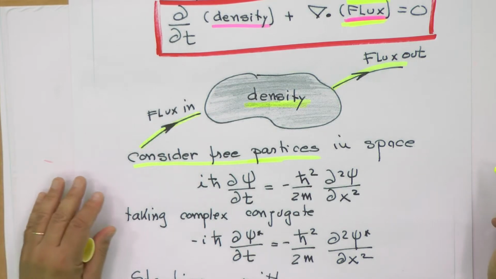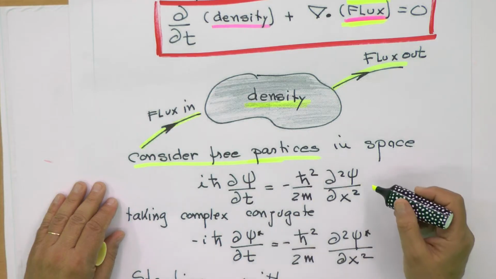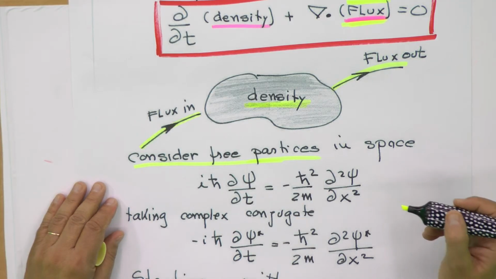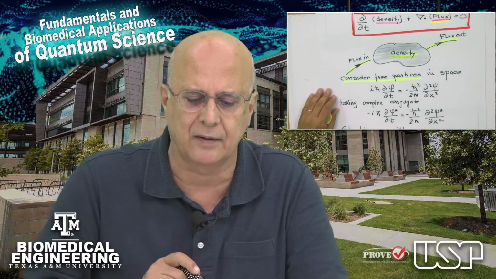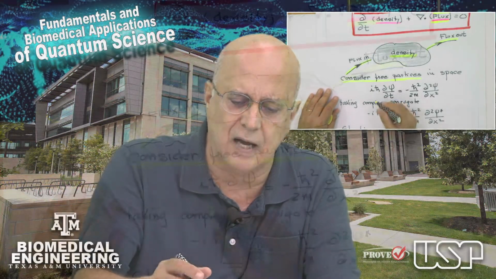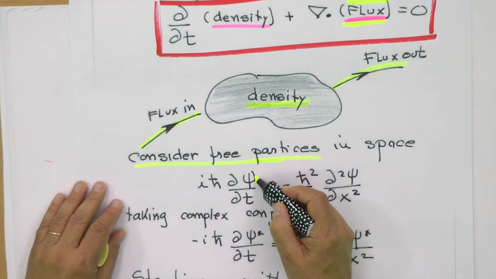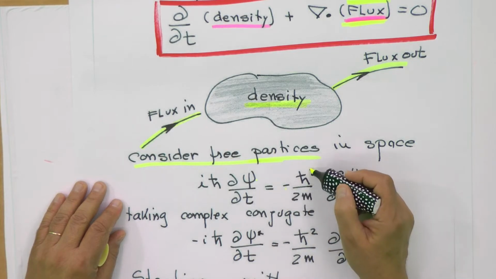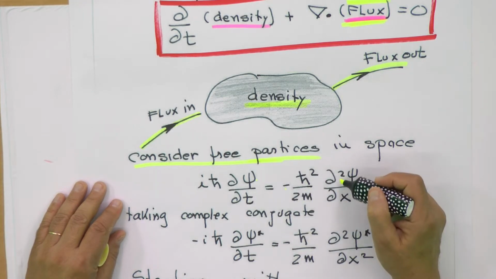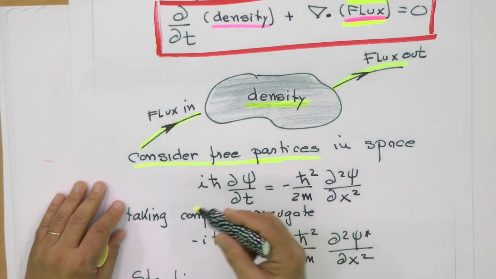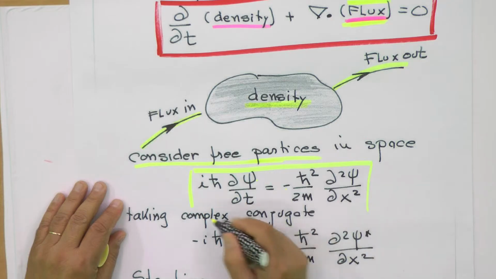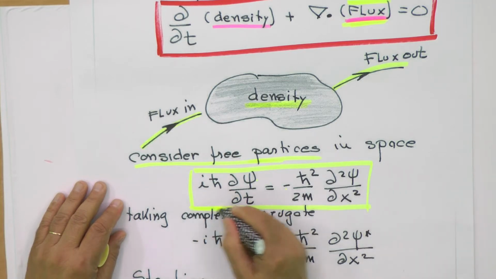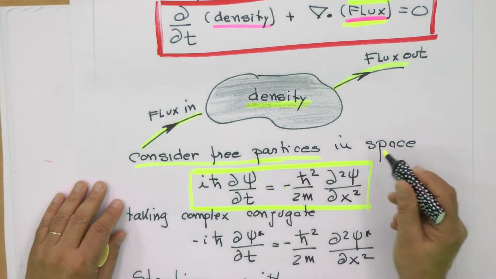If I have a free particle, the full Schrödinger equation, not only the time independent, is given by this: i h bar d/dt of psi is minus h bar squared divided by 2m times the second derivative of psi with respect to space. We learned this equation. We solved this in a few situations up to now.